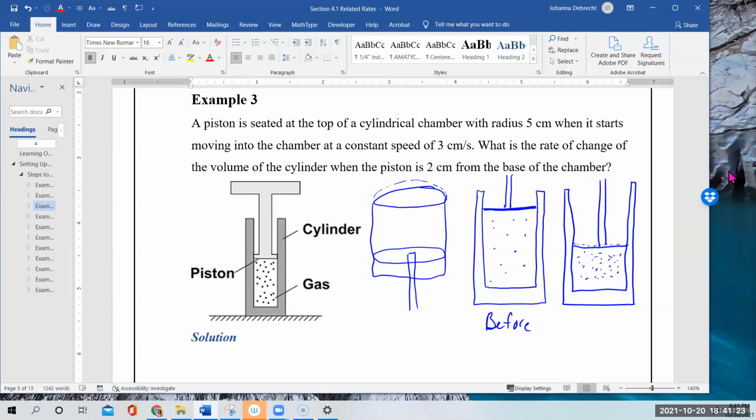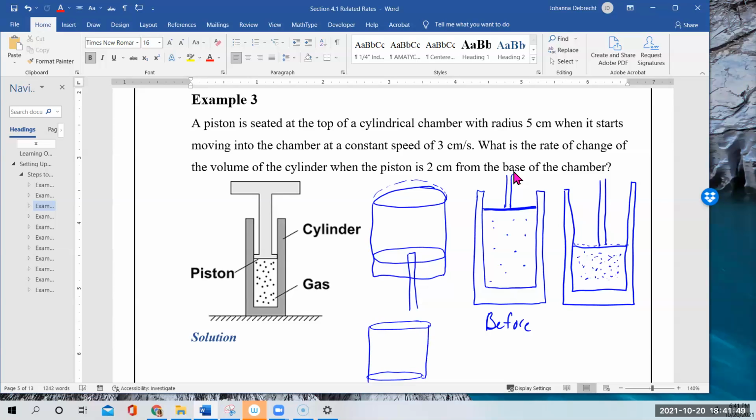So going back to the words, we have a piston, which is basically the rod part with the metal plate attached, is seated, got it, at the top, okay, of a cylindrical chamber. A cylindrical chamber basically means that we have a cylinder at the top and a cylinder at the bottom, and it's connected on the sides.